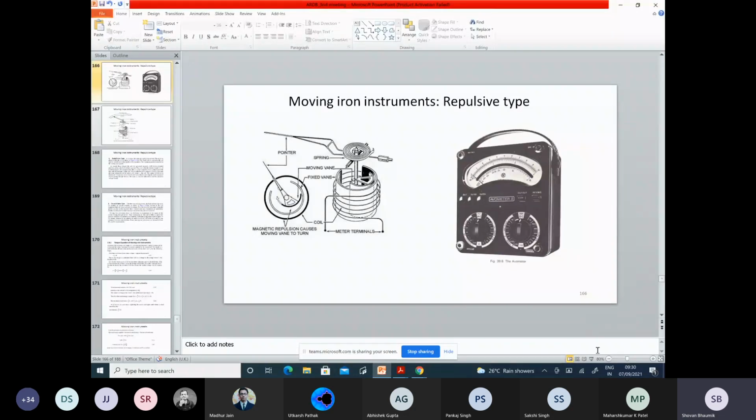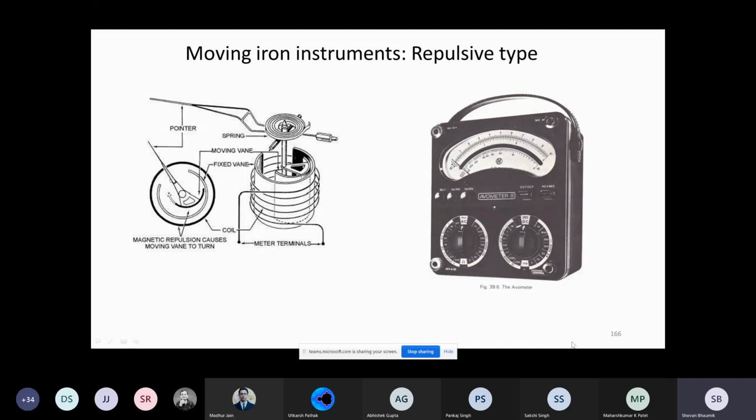And you have seen that there are two, one for DC and one for AC, and you can measure the voltage, you can measure the current, and you need to keep this in the proper range so that your deflection will become proper in this range.